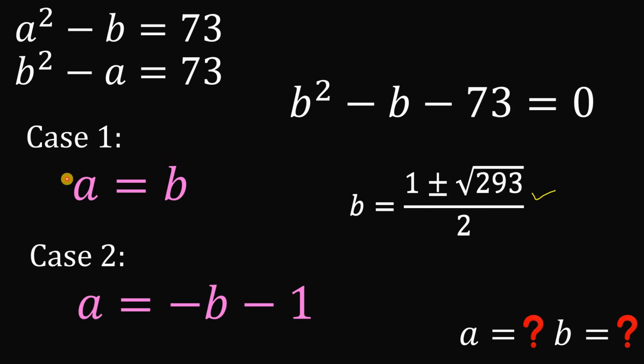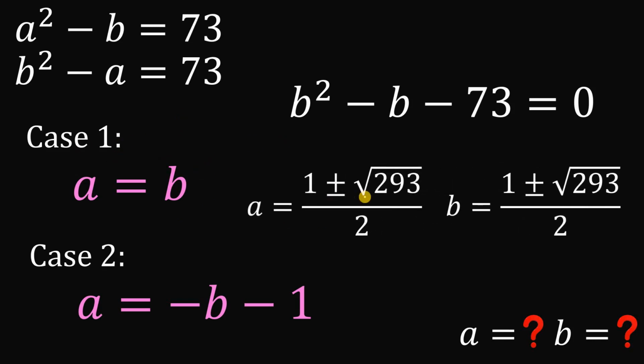Now, since case 1 says that a equals b, a must also equal 1 plus or minus square root of 293 all over 2. So, if a equals 1 plus square root of 293 over 2, b is also equal to 1 plus square root of 293 over 2, and so on and so forth.